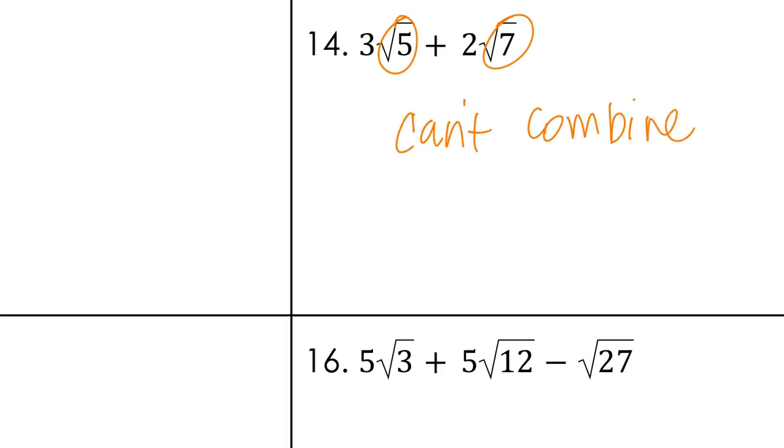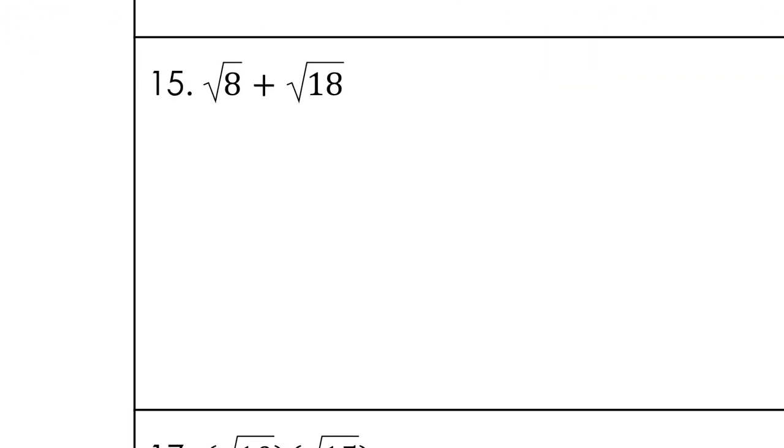Okay? So let's look at this one. Not the same, right? But can they be simplified? Yes. So let's take this 8 and we're going to simplify it. Now, what is 8 divisible by that's perfect? 4. What's the square root of 4? 2.